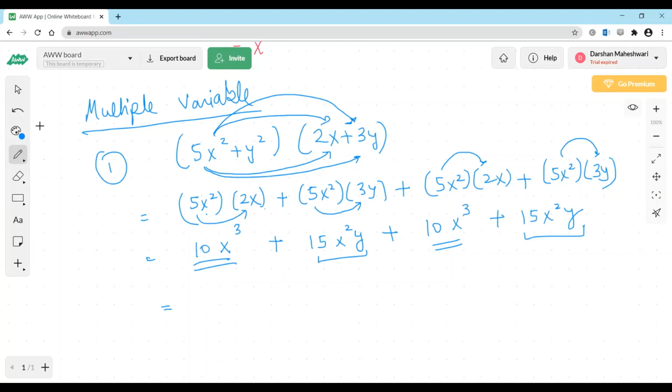Actually, there's a correction required here, because over here we won't really have 5x square. This won't come here, and this also won't come here, because we have to multiply it from the other part. So we have y square times 2x and y square times 3y.